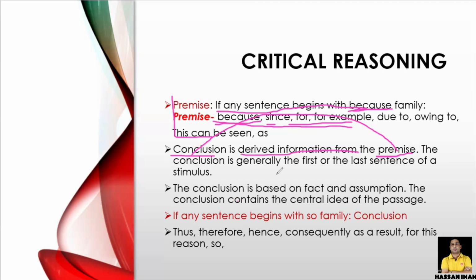The conclusion is generally the first or the last sentence of a stimulus. What does stimulus mean? Stimulus means a passage. What are the markers of conclusion? The markers of conclusion are the so family: therefore, so itself, thus, hence, consequently, as a result, for this reason, so.